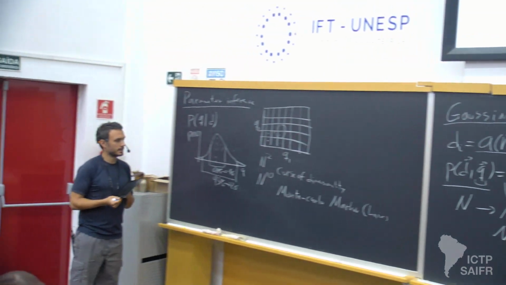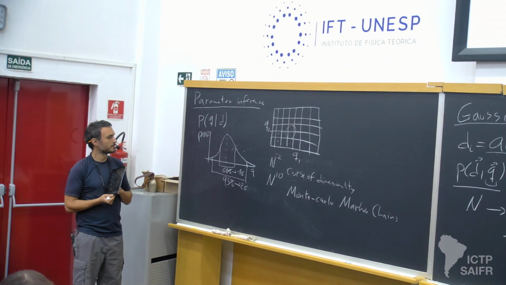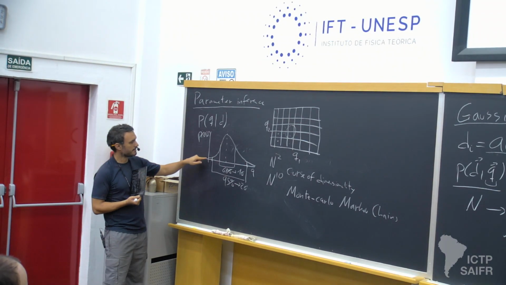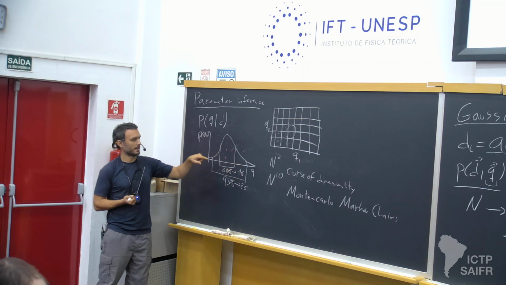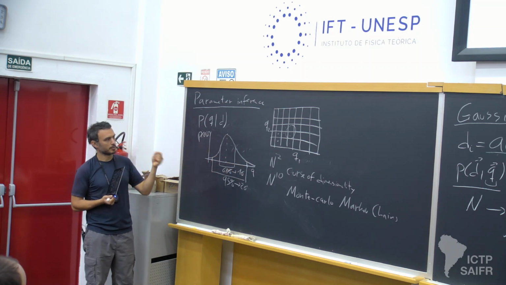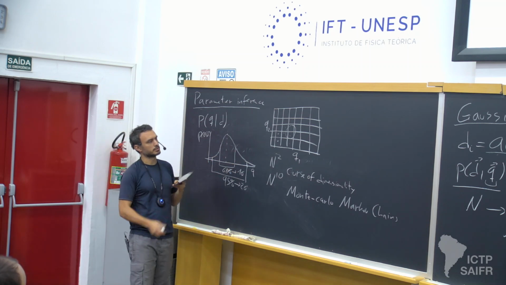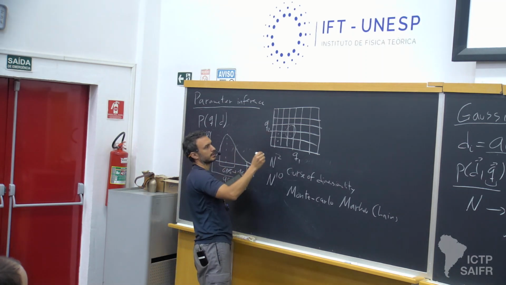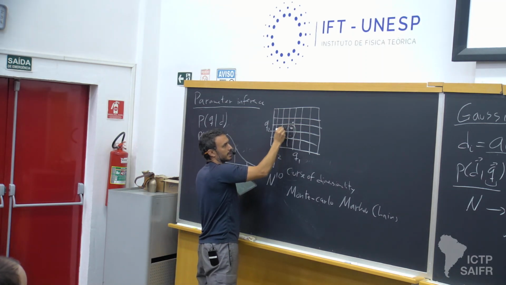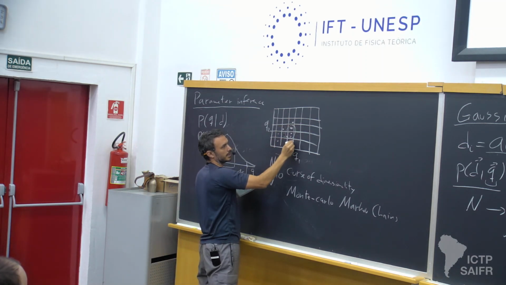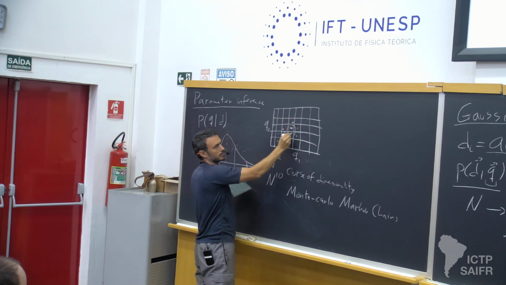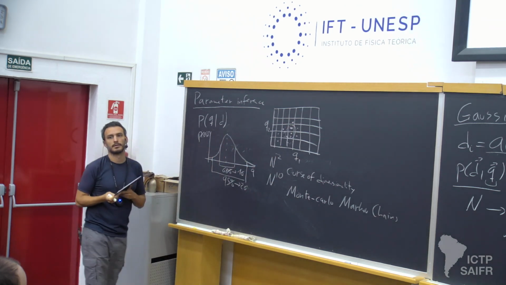So the idea in a Monte Carlo Markov chain or an MCMC is that instead of actually evaluating the likelihood and then doing integrals of that, what we will do is we will draw samples of this likelihood. So we will not do a grid like this. Instead, we will generate samples of the likelihood. And those samples will tell us where the likely values of our parameters are. Okay?